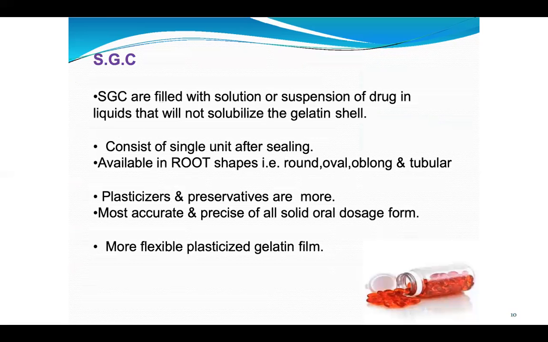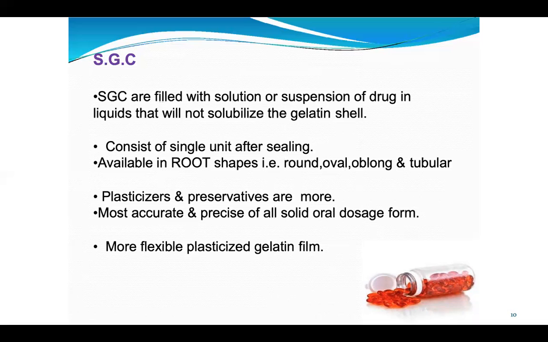Soft gel capsules are filled with solution or suspension of drug in liquid that will not solubilize the gelatin shell. They consist of a single unit after sealing, available in different shapes that is round, oval, oblong, tubular.